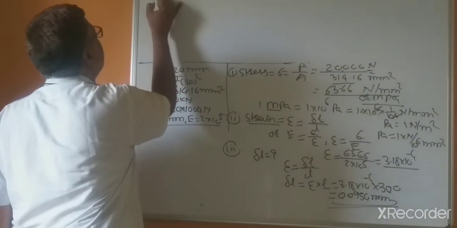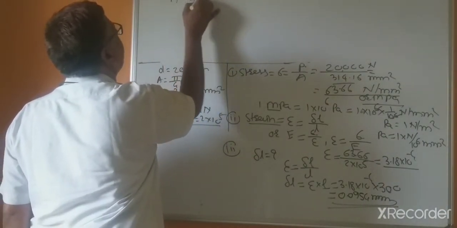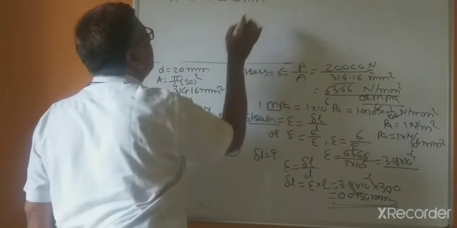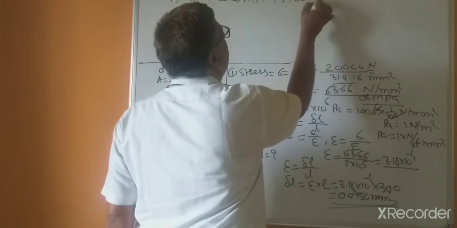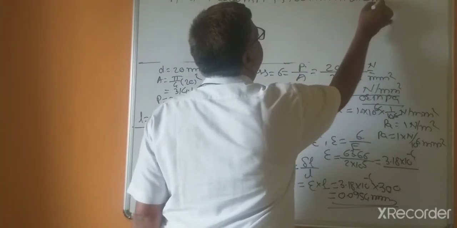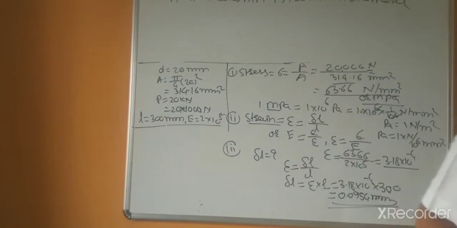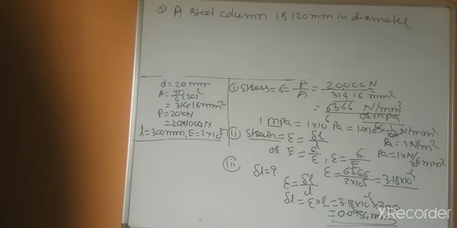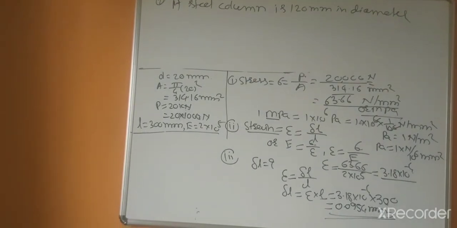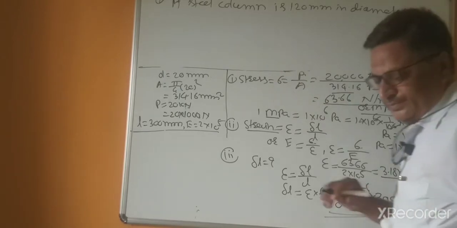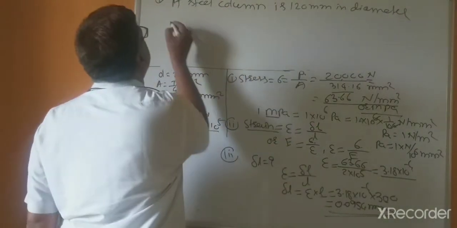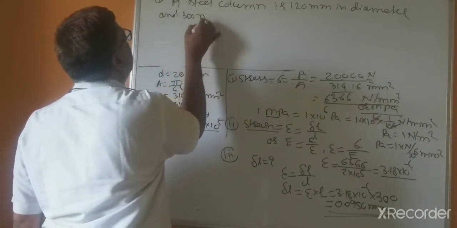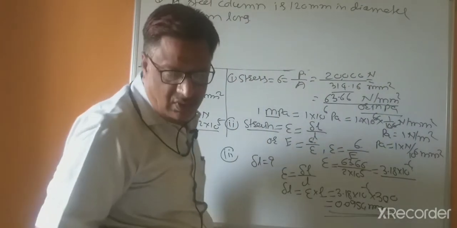This is today's second problem. A steel column is 120 mm in diameter and 300 mm long.